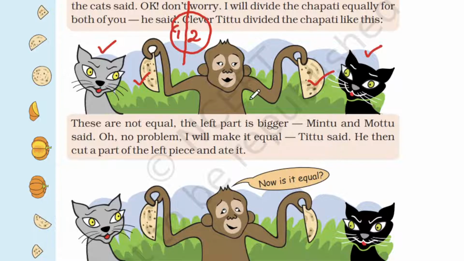Okay. But what happened when you look at this image? This half is a little smaller when you compare it to this one. So this one is a little bigger, right? And this one is a little smaller when you compare it to this one.